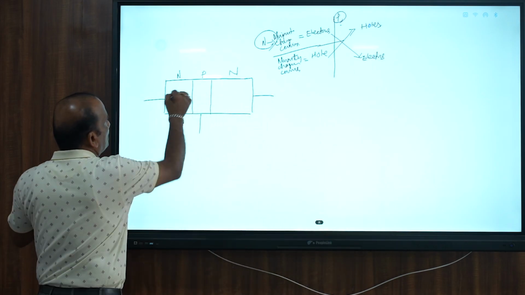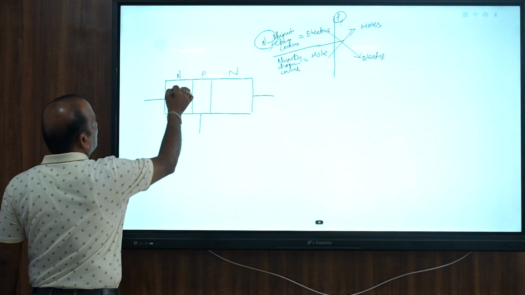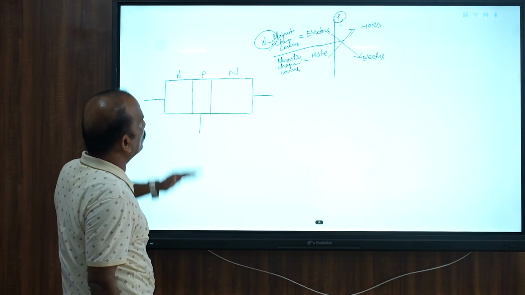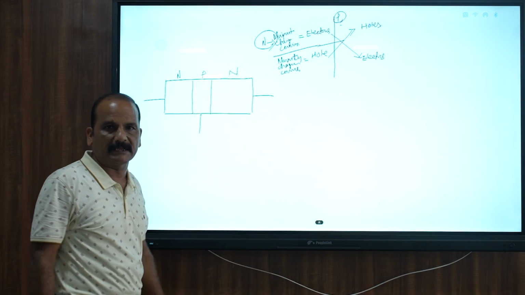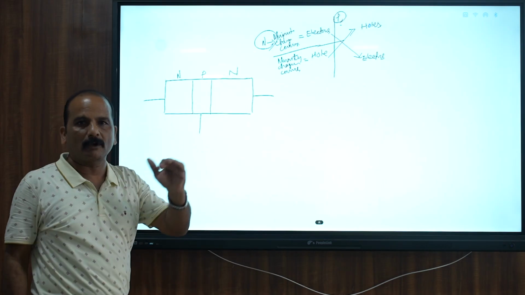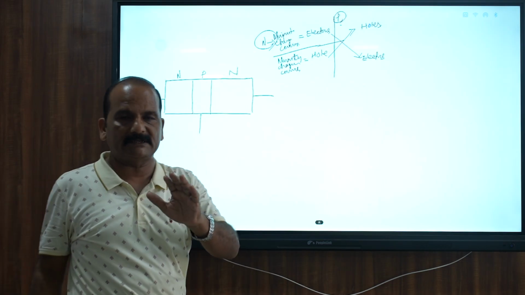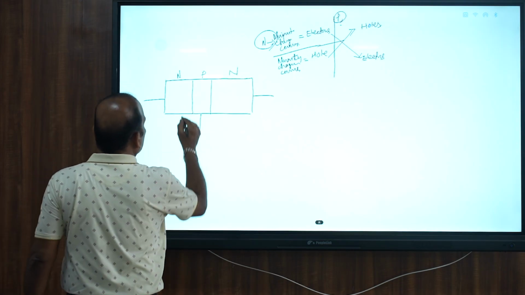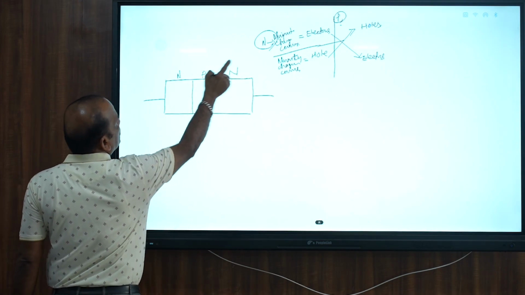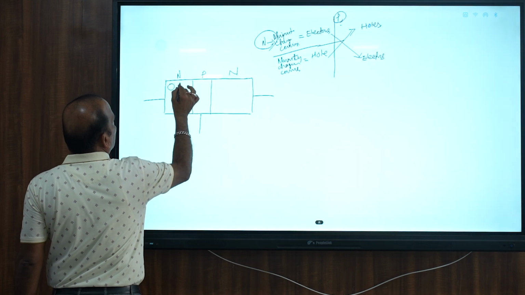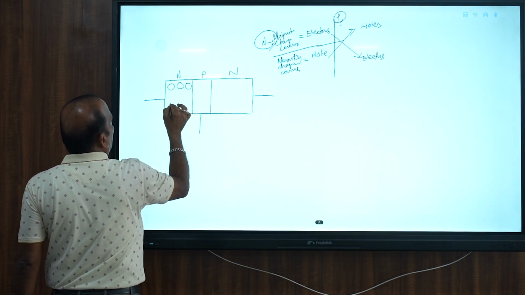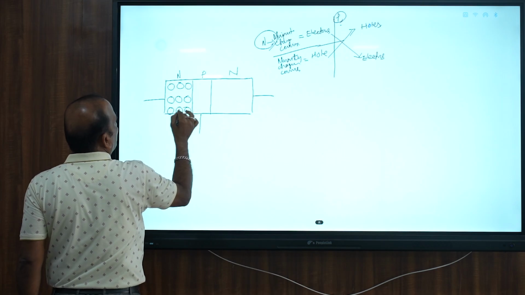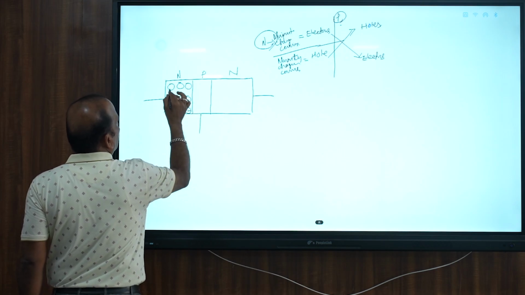So let us come to the block diagram here. This is N-type material. Obviously, the majority charge carriers are playing the vital role. So I will consider the majority charge carriers. For the sake of simplicity for understanding, I am not considering the minority charge carriers. So I am taking only the majority charge carriers. The majority charge carriers are electrons. Let's say here are the electrons like this, 9 number of electrons, all majority charge carriers.